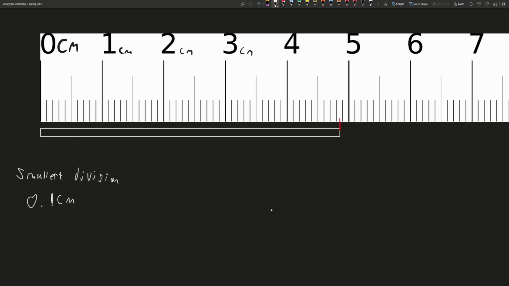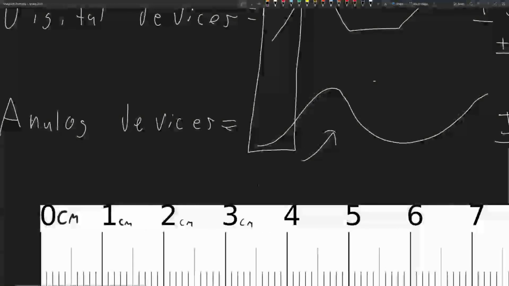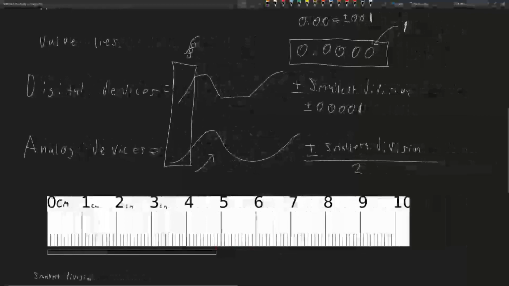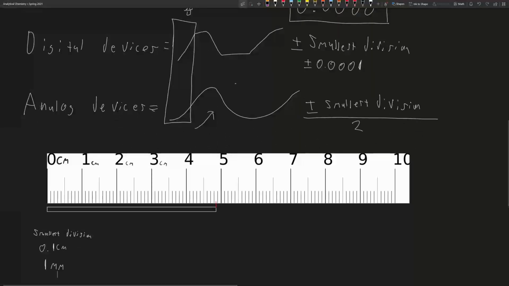And let's say we wanted to treat this as millimeters. If we go from centimeters to millimeters, the smallest division would be 1 millimeter. Now, based on all of this, we could use this formula that I set up right here, where, because this is an analog device, we take the smallest division and divide it by 2.